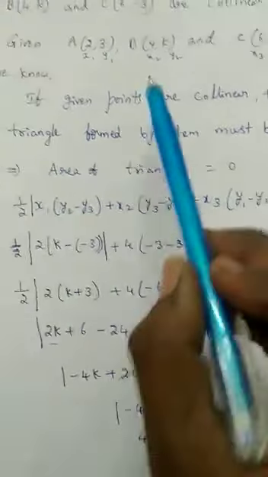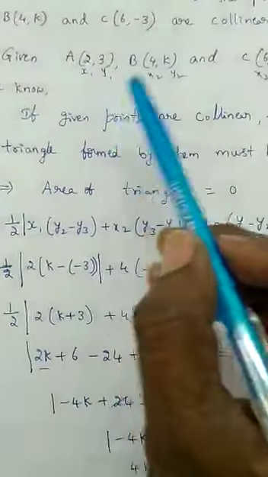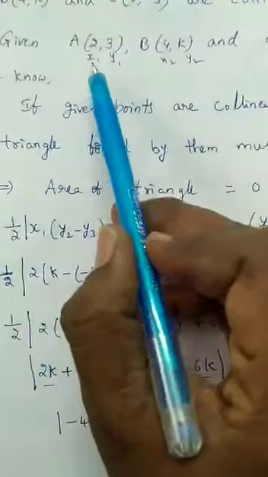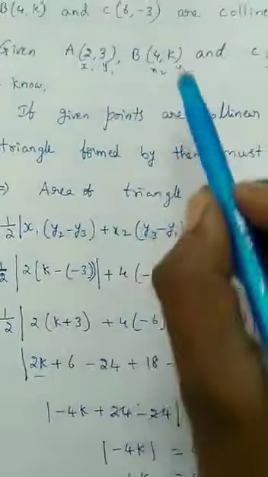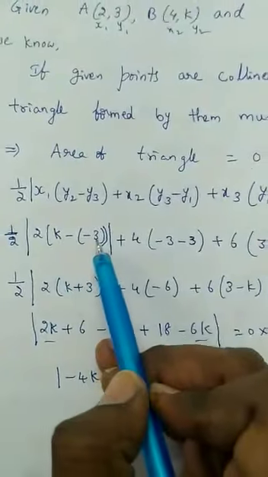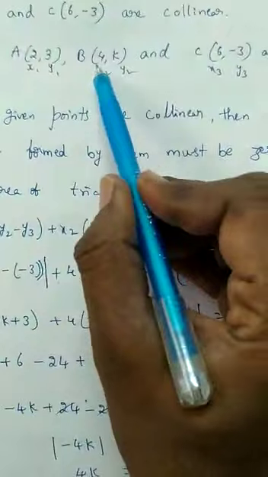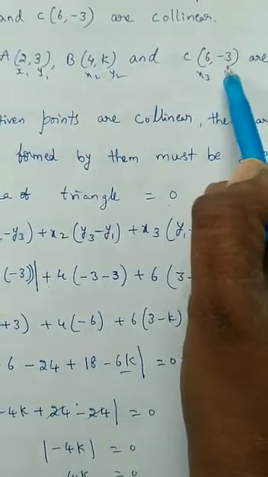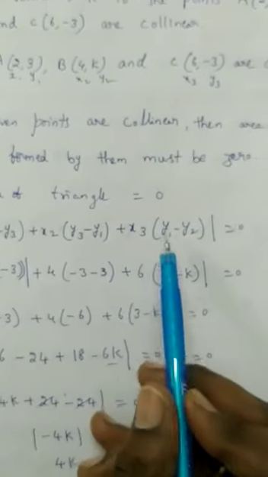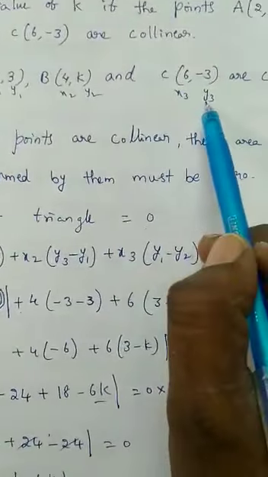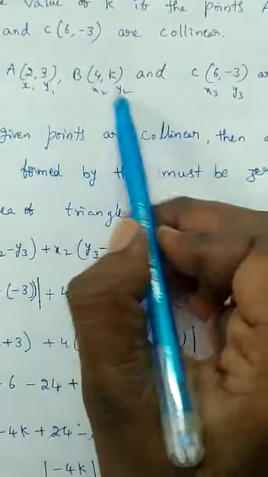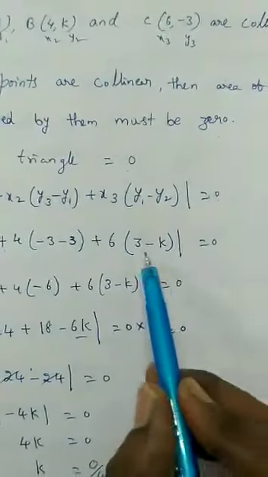So apply the values of x1, y1, x2, y2, x3, y3 in the problem. x1 is 2, into (y2 minus y3), k minus of minus 3, plus x2 is 4, into (y3 minus y1), minus 3 minus 3, so minus 6, plus x3, here 6, into (y1 minus y2), 3 minus k.